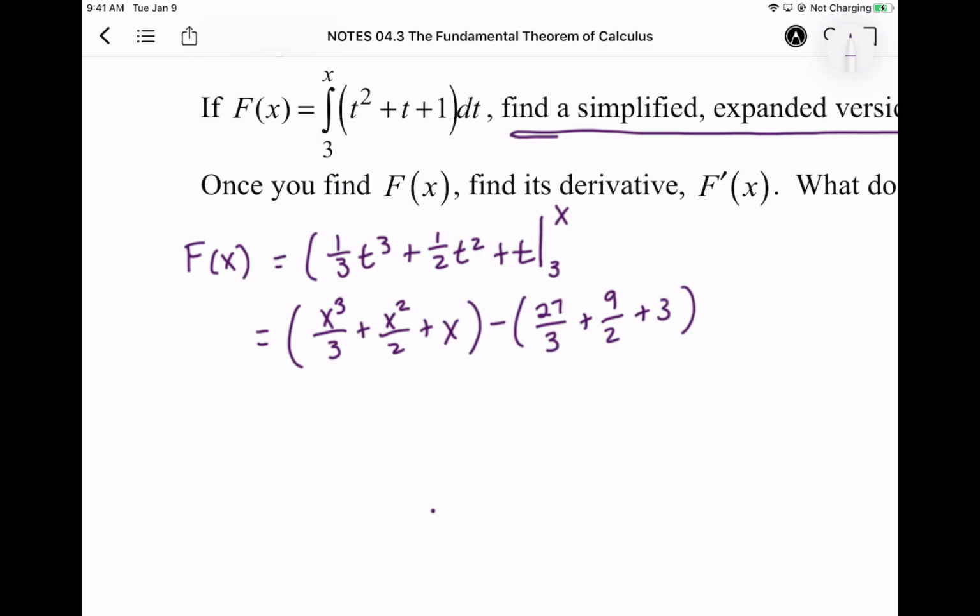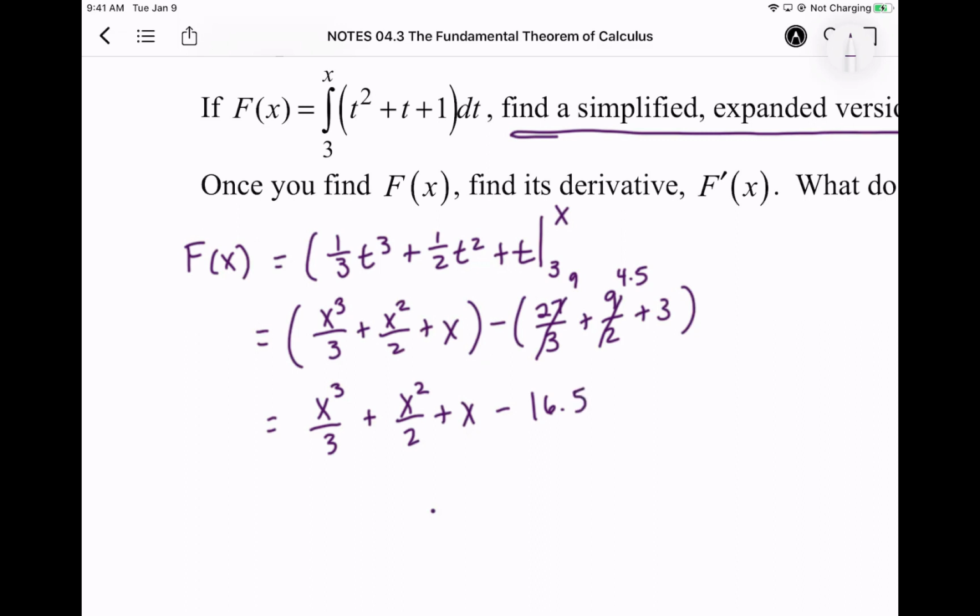Now we can combine like terms to simplify. None of these things have common terms, so they will just all stay separate. But we can combine these things in the parentheses. So this goes to 9, this reduces to 4.5. So in the parentheses we have 16.5, so it's minus 16.5.